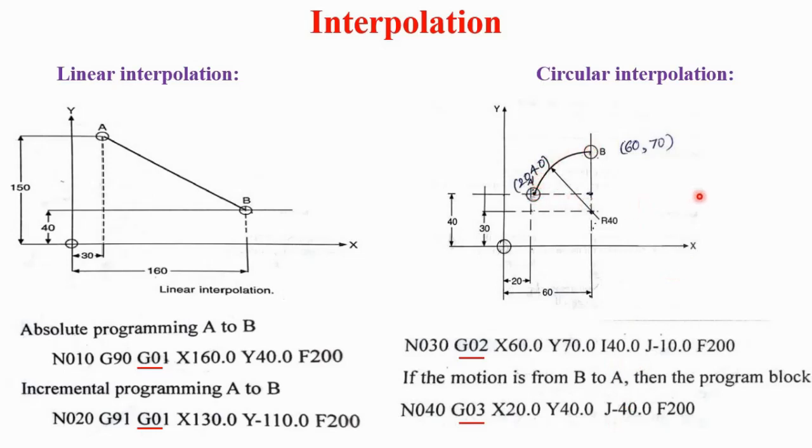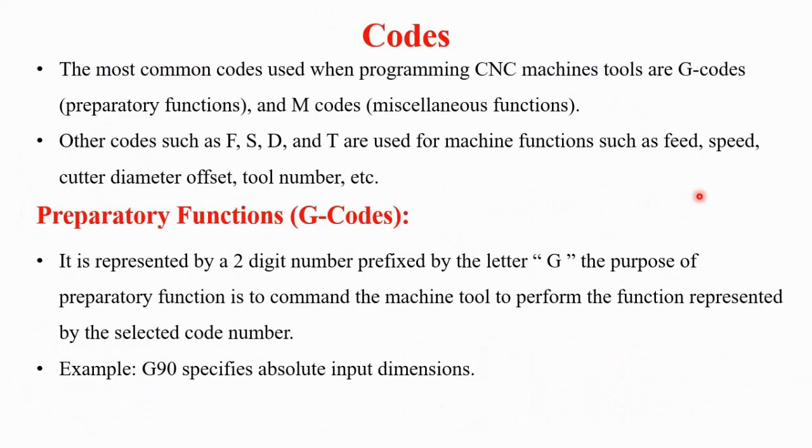Then codes. The most common codes used when programming CNC machine tools are G codes, also called preparatory functions, and M codes, that is miscellaneous functions. Mostly these G codes and M codes are used while writing a CNC program.